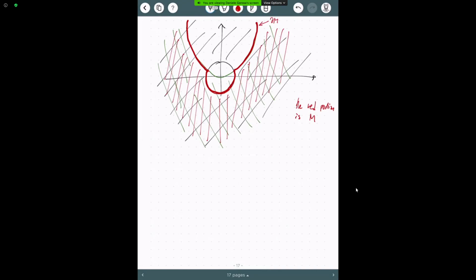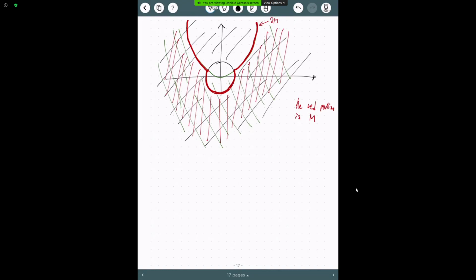And if you want to compute it explicitly, we need to intersect these two things.